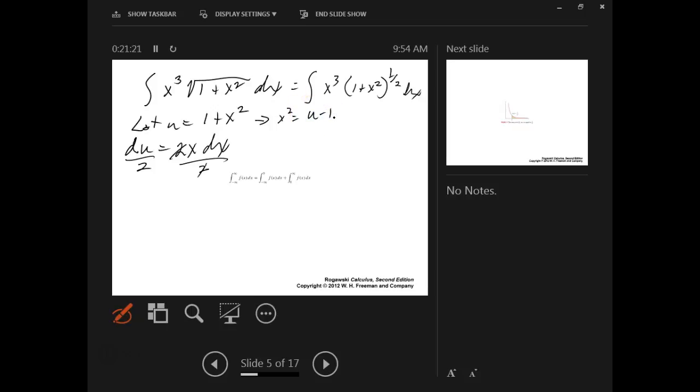All right. Let's see what's happening. You got it? Okay. So now let's take our rewritten form. This will then be the integral of, you're going to have a 1/2 in front, u minus 1.